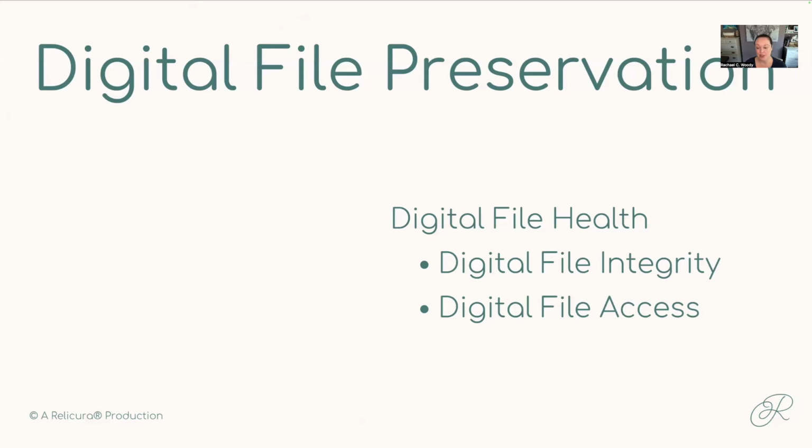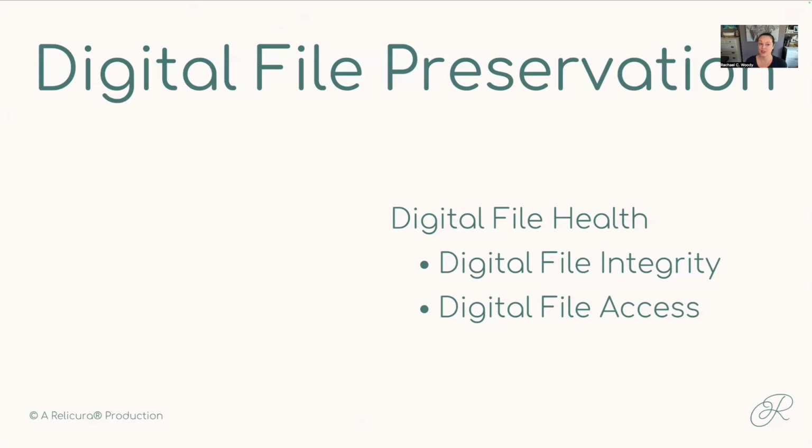The second major area is digital file access. So this is less about the file itself and more about our ability to access it. For example, if we have a Word doc on a flash drive or an external hard drive, and that hard drive or flash drive then fails, gets broken, gets lost, you've lost access to that file.